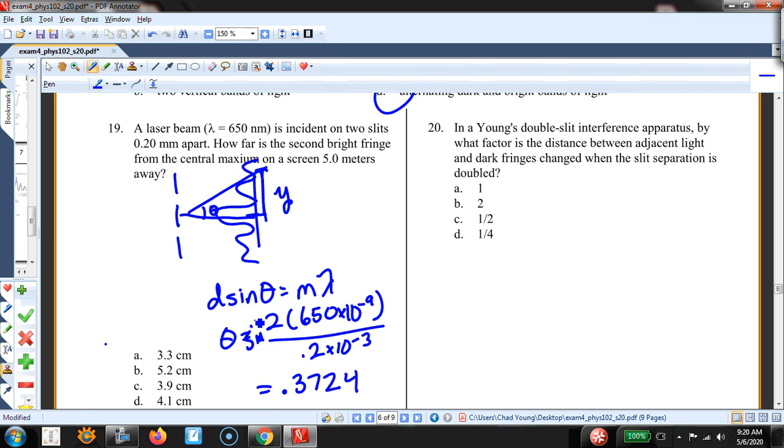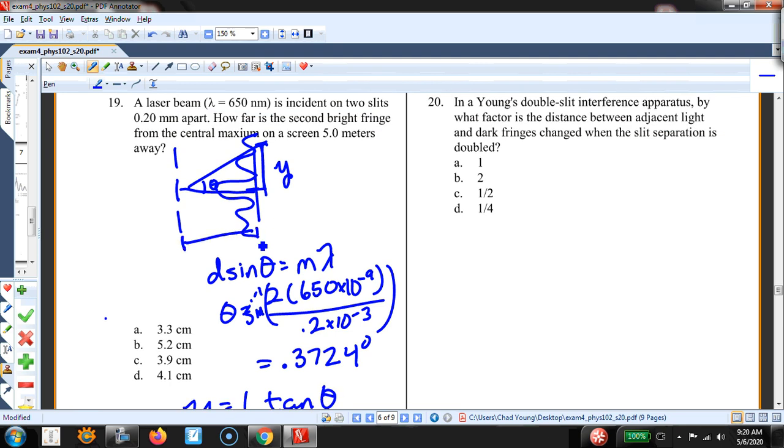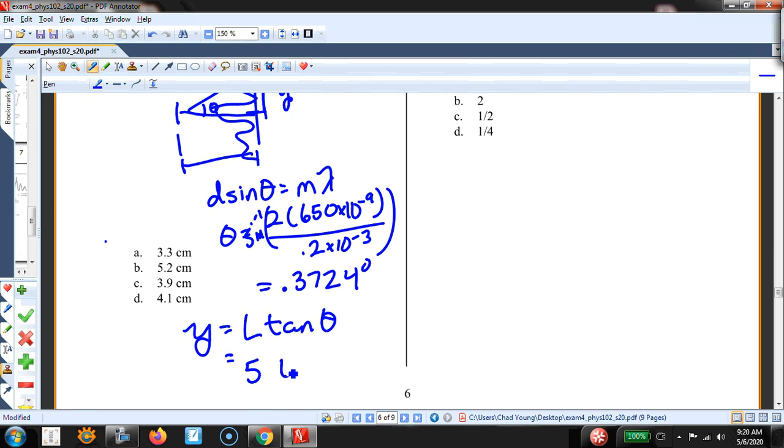This is actually the inverse sine of this quantity. And that gives me 0.3724 degrees. And then y is equal to L tan theta, where L is this distance right here, which is given, that's 5 meters. So 5 tan of 0.3724.